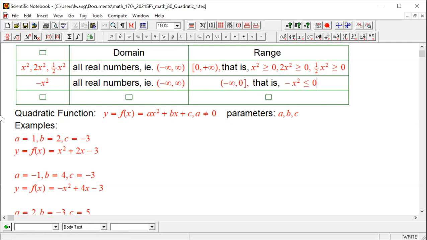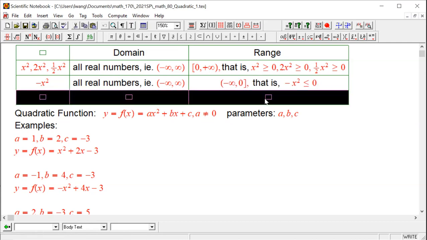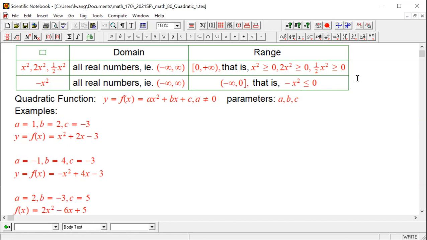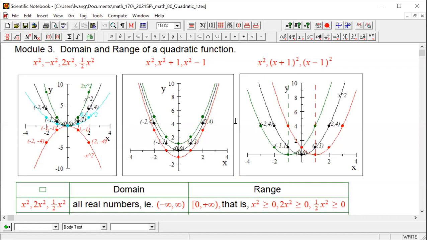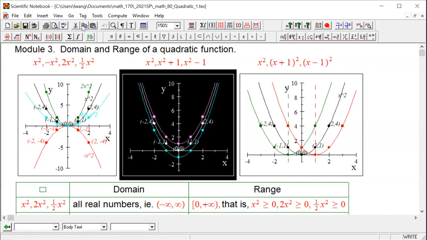I would like you guys to know about these inequality forms of expressing the range, okay? With that said and done, let's look at these other curves.